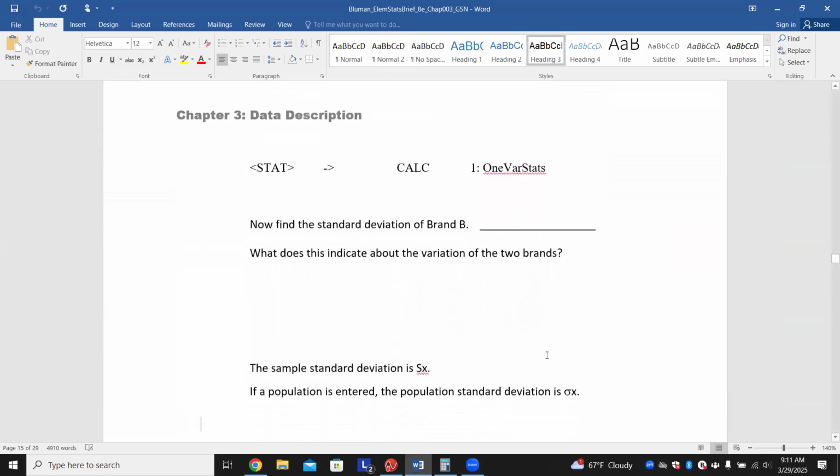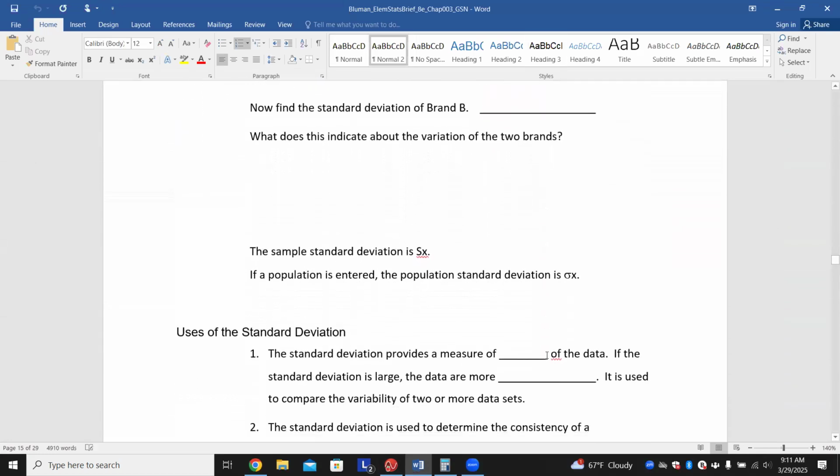All right, so again, we found the new standard deviation of brand B, and it was 7.1. What does this indicate about the variation of the two brands?